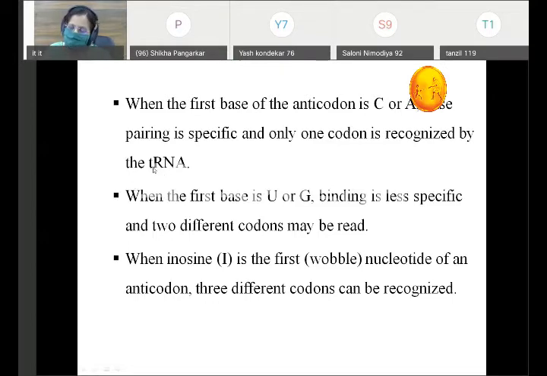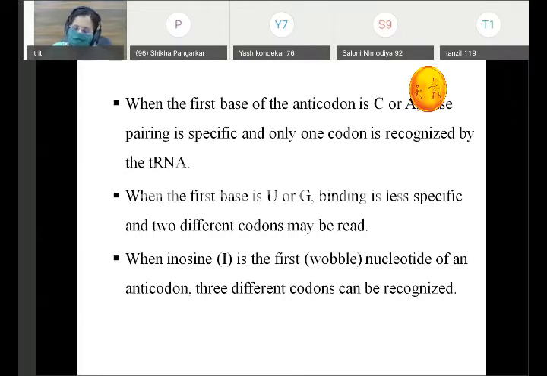If it is C or A, it will recognize only one codon, and that will correspond to only one amino acid.